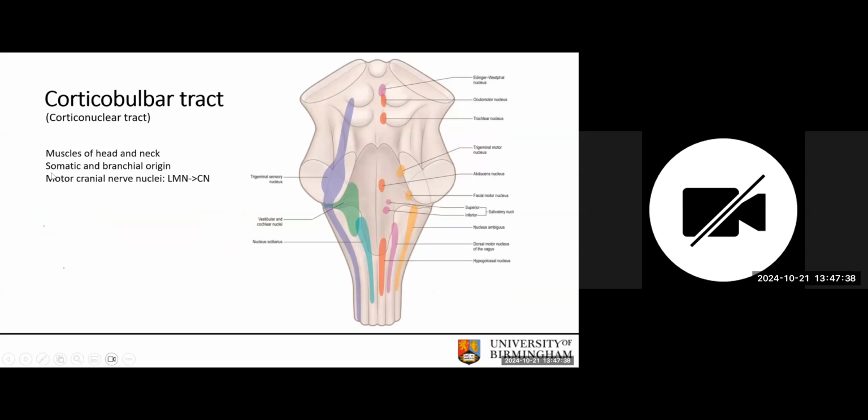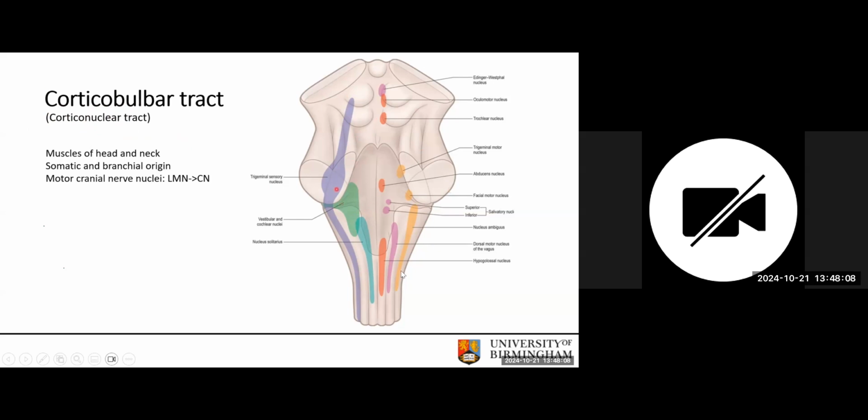The same, and you will see this next semester as well. To be able to innervate the muscles of the head and neck, for example, there is another pathway that is called corticobulbar or corticonuclear. So that is the same. Why? Because they go from the cortex to the different nuclei of the cranial nerves.